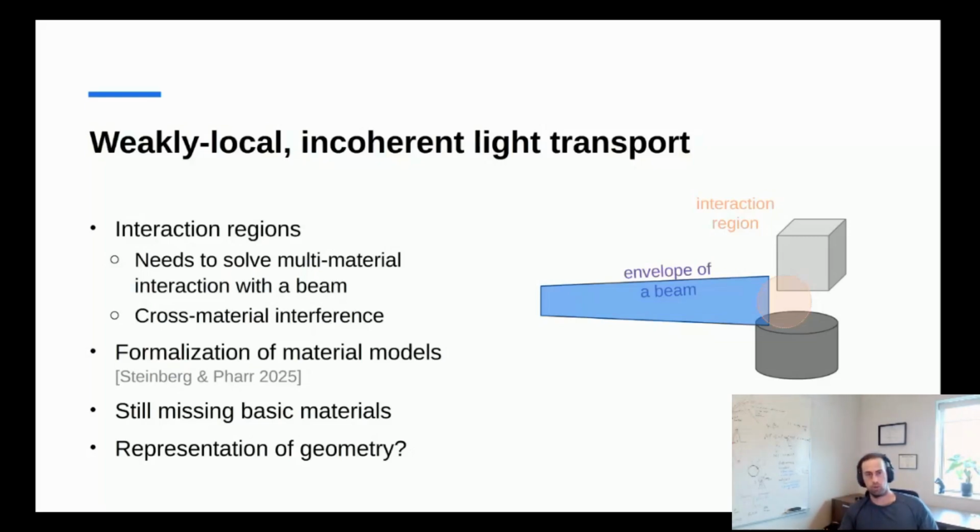The design of appropriate multi-material scattering formalisms is still in its infancy, and that might be the hardest part about a non-local, so weakly local, framework. So I will talk in the next slide only about one type of very interesting multi-material interaction, and otherwise I will just refer you to recent work.